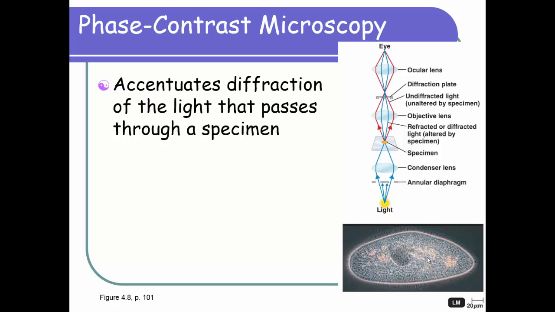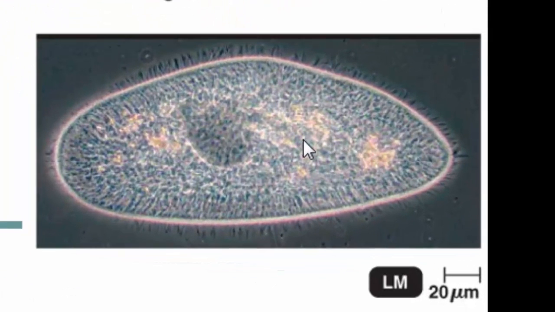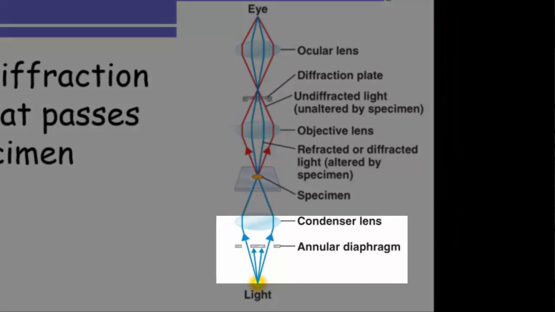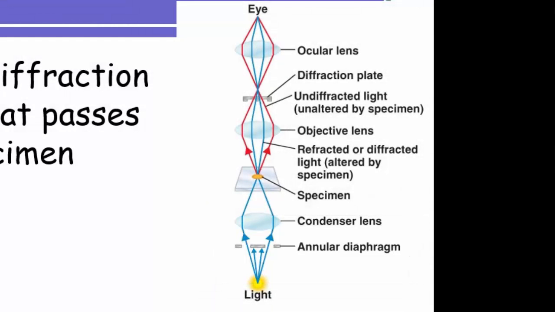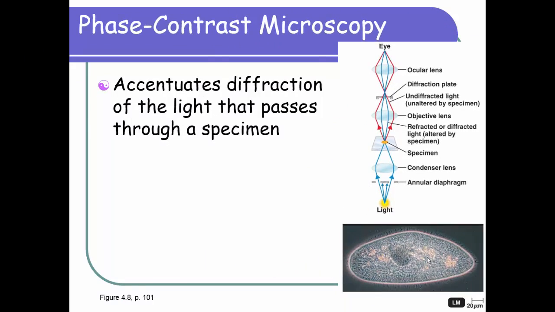Phase contrast microscopy accentuates diffraction or refraction of the light that passes through the specimen, giving us actually good surface images. Here's our paramecium again. In this case, we use the annular diaphragm to allow not the edge of the light or the center of the light, but the midway light to enter into the condenser and the specimen.